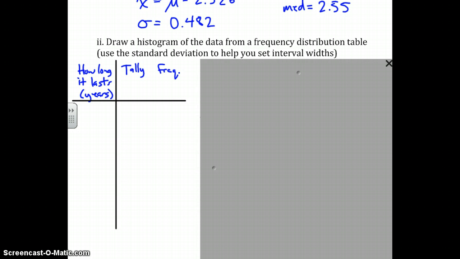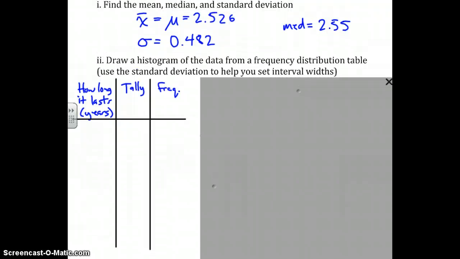One thing here is, what intervals are we going to use? If we're going to draw a histogram and see if it's normally distributed, one good idea is to make our intervals relate to our standard deviation, and to use our mean, so the middle of our data is 2.526.